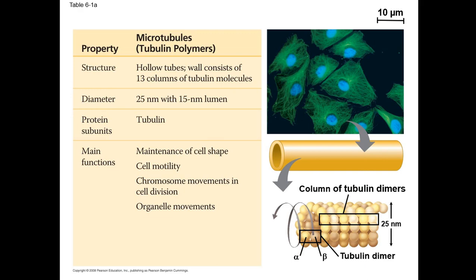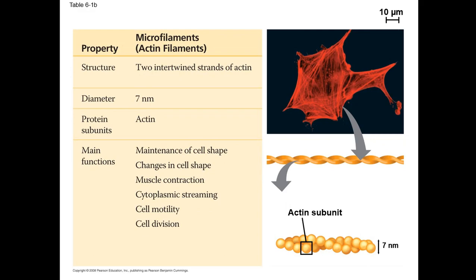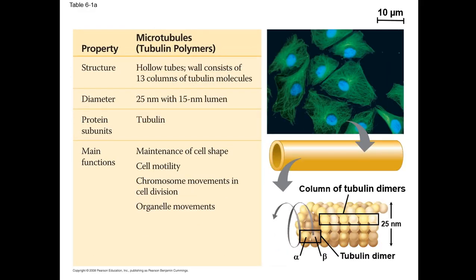Yeah, so microtubules, they are hollow, consist of 13 columns of tubulin molecules. So, ito yung data class. So, paki-screenshot na lang din. Ito na microtubules, ito. They are called as tubulin polymers.